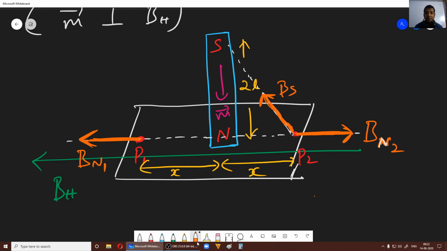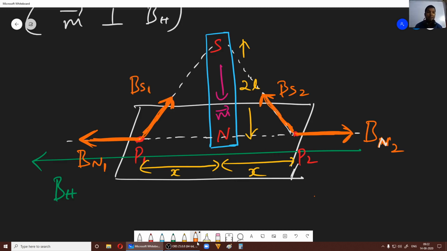Now this is Bs2. The south pole of the magnet will try to attract that unit pole strength. So this is Bs1, let us say.